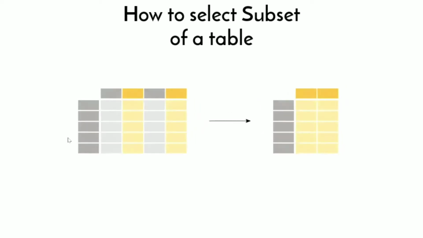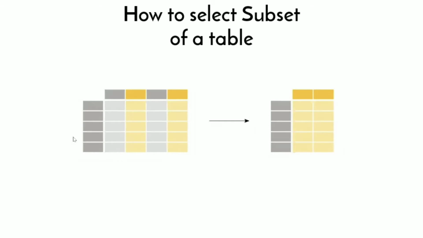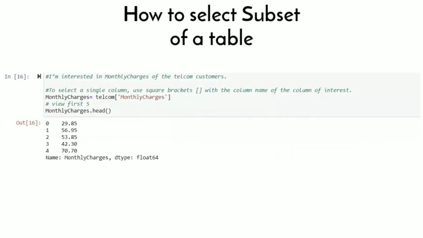So you can also select a specific subset from your data frame or your table. We have seen how you explicitly call a particular column within your data frame by calling the data frame variable name, as well as the given column name, as a string within square brackets, or the other form where you use the dot notation.